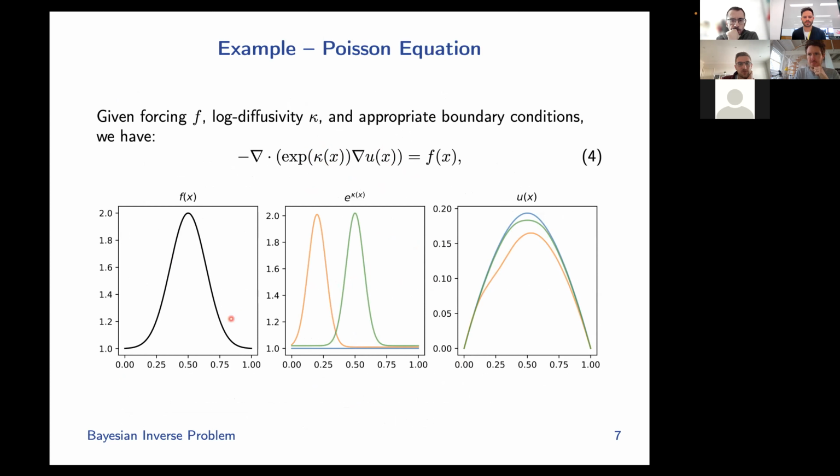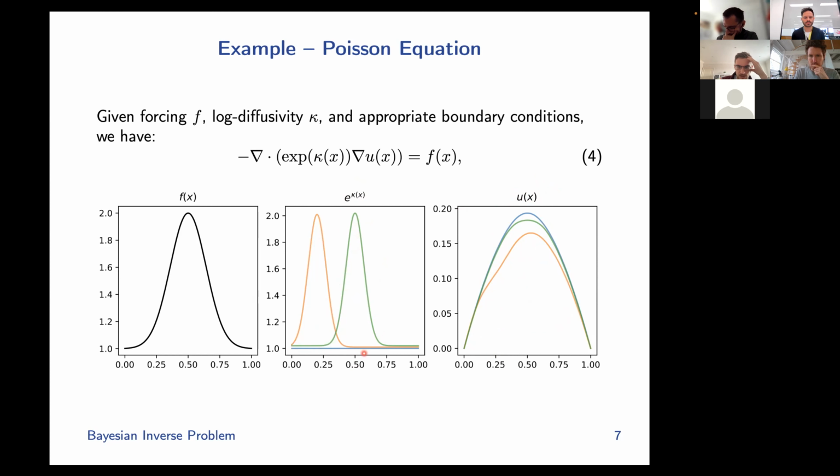For a given forcing function, the given right hand side, and for a given diffusivity, the solution of the PDE varies, and then we observe this solution U usually at a finite number of points, and based on the knowledge of F and the observations of U, we want to infer the kappa here.